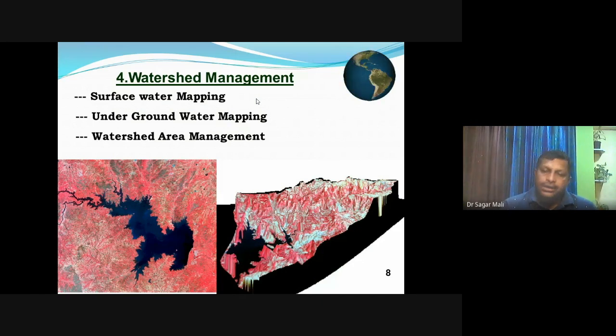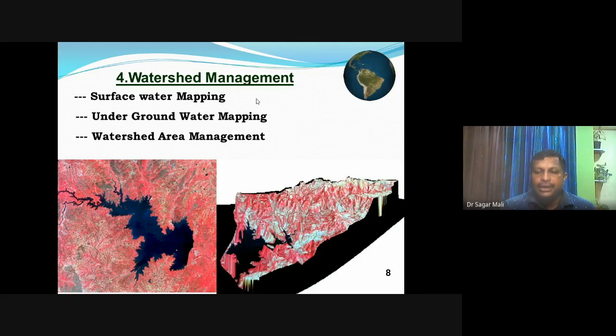Then, watershed management. Water is a very important resource. The maximum part of the earth is under water, but still there is a scarcity of drinking water. Most of the drinking water is in frozen form, and the maximum portion is in salty form. So there is a scarcity of drinkable water, and in future the scarcity will be very high.